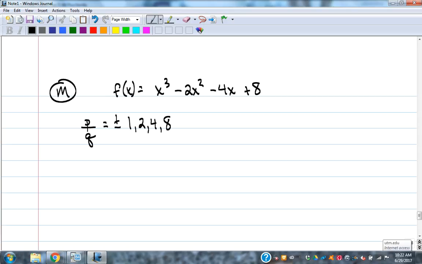It's always nice when the leading coefficient is 1 because it makes your list short and it doesn't have any fractions in it. If that leading coefficient has a number in front, like a 2 or a 6 or a 72, then you've got a lot of fractions to deal with. So it's nice when it's a 1 in front.